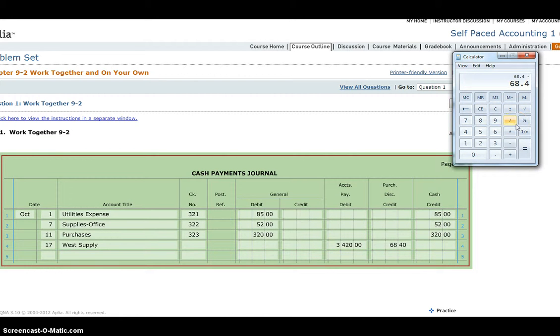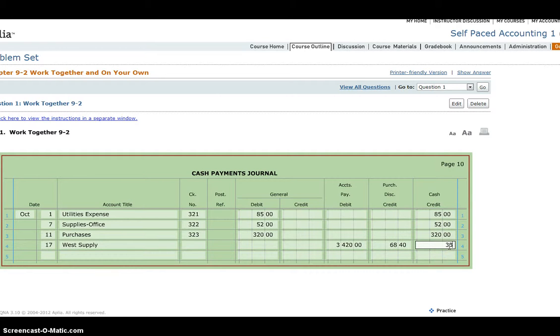So when we subtract from 3,420, we actually pay, this shouldn't be a negative number, but the way I subtracted it, it did, $3,351.60.